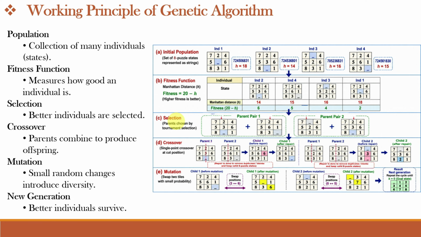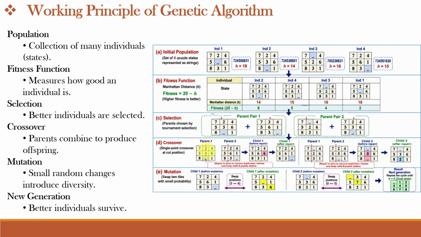In part C, that is selection, better individuals are selected as parents for reproduction using tournament selection. 2 parents are formed, parent 1 and parent 2, and in part D, crossover or reproduction is performed. A cut position is selected as shown with this red dotted line, and each child receives one part of its information from one parent and the remaining part from the other parent.